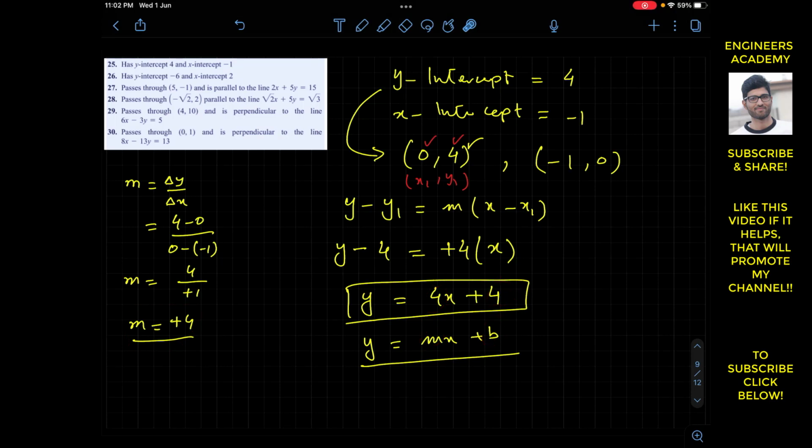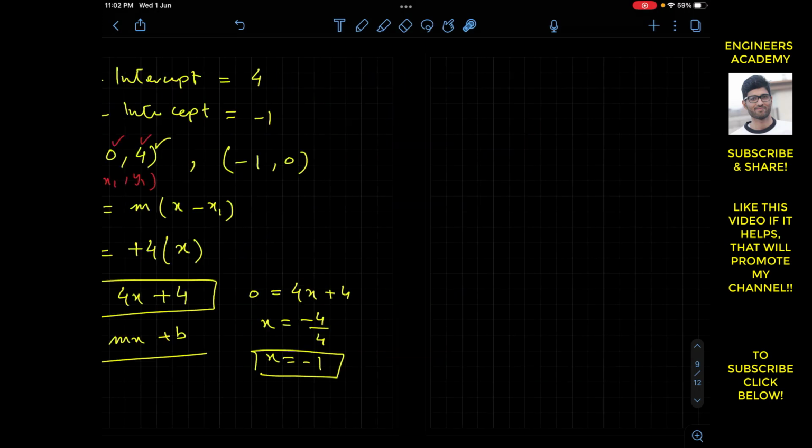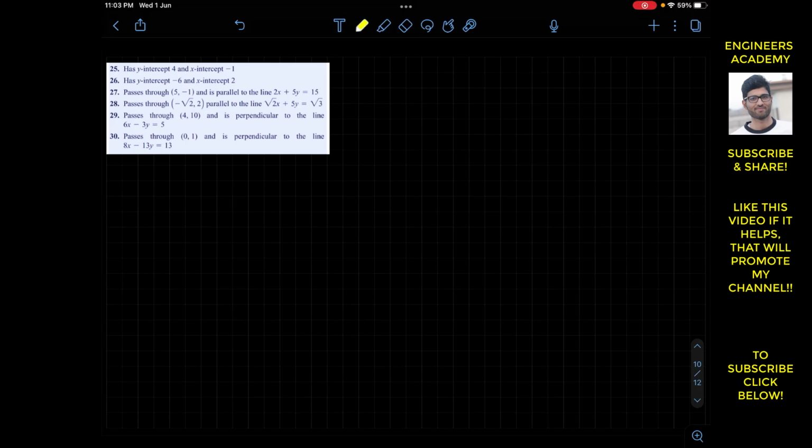And since at the x-intercept the y value is 0, if we put y equals 0 in this equation, we get the x-intercept. So 0 equals 4x plus 4, and from this x equals -4 divided by 4, which gives us the x-intercept of -1. So this is the equation of the straight line which has y-intercept equal to 4 and x-intercept equal to -1.